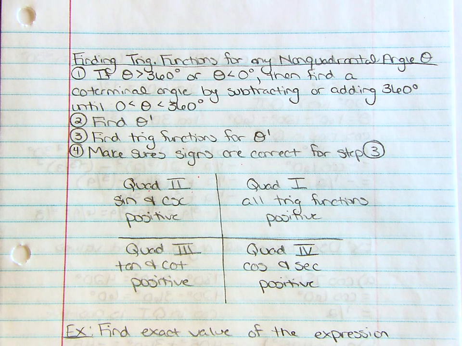And then quad 4 is going to be your cosine and your secant that are positive. That's because they deal with your x value, and your x value is positive. Everything else will have a y component, which will thus make it a negative.